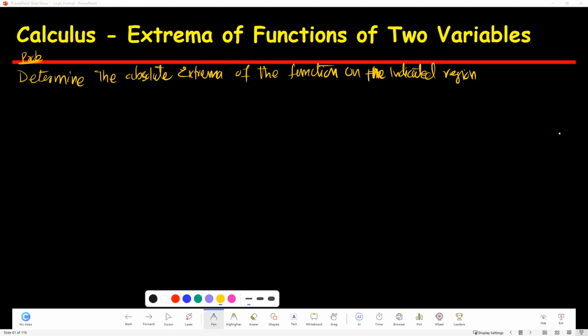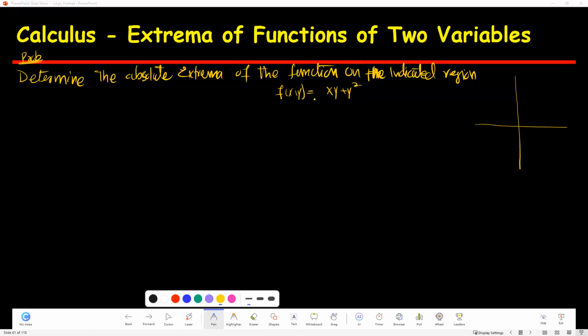The region is given something like this. The function is given mathematically, and that's my function.